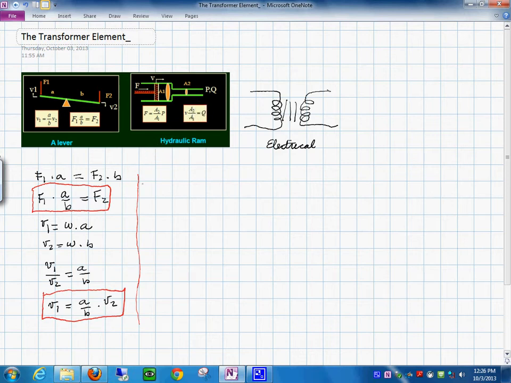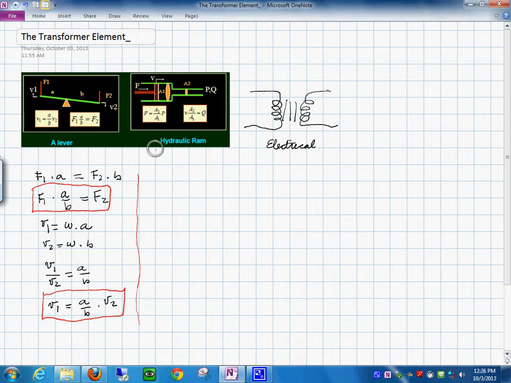So in here it's very obvious that the force divided by the area gives the pressure, a relationship between the pressure and the area.